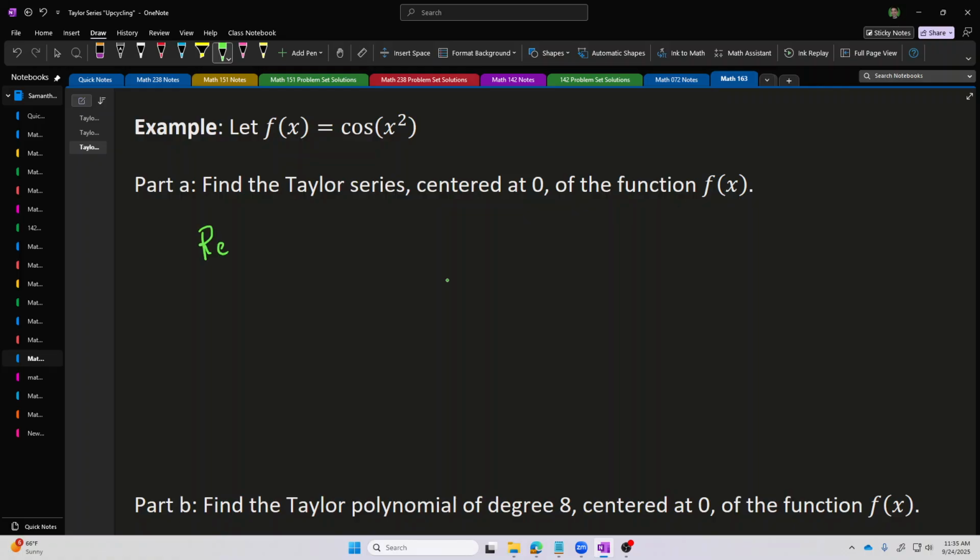Let's recall that cosine of x was exactly equal to the series as the index goes from k equals 0 up to infinity of minus 1 to the power k times x to the power 2k divided by 2k factorial.